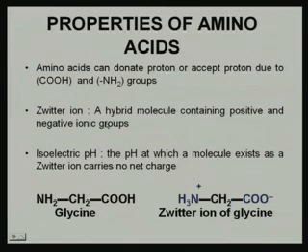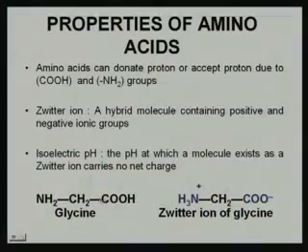Zwitterionic form is a hybrid molecule containing a positively charged as well as a negatively charged ionic group. That means, if we see this structure, it has positive charge as well as negative charge. The resulting charge in the zwitterionic condition is 0, that means no net charge is present on the surface of the amino acid.